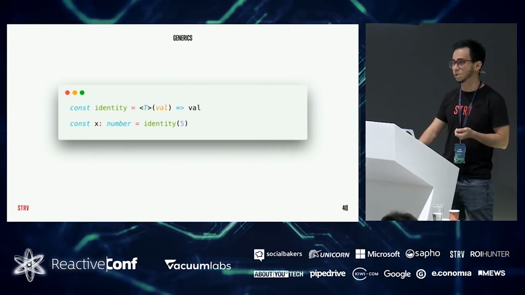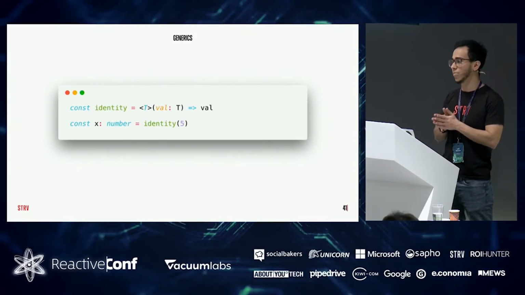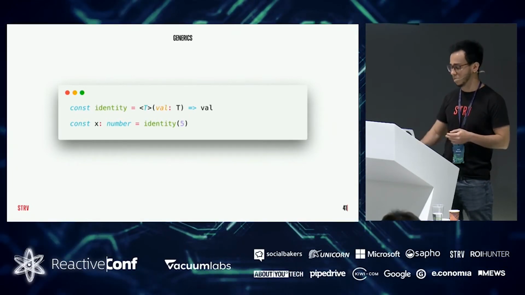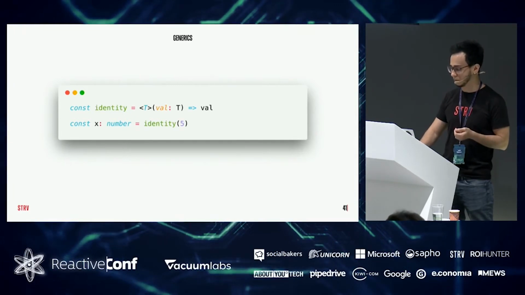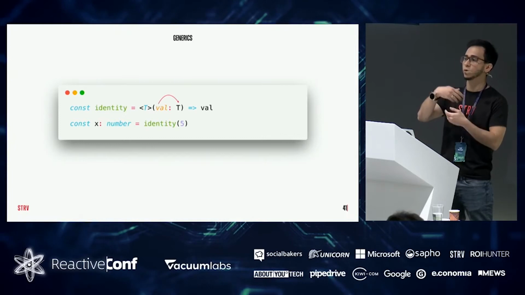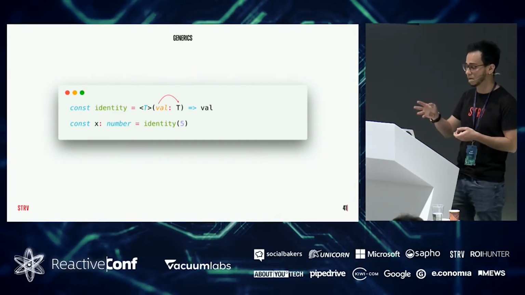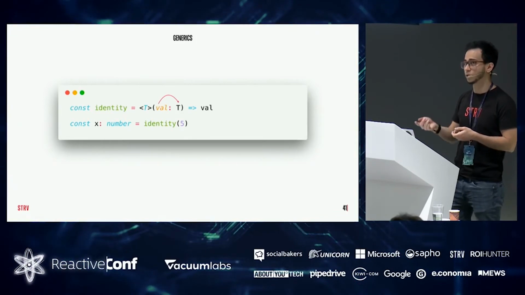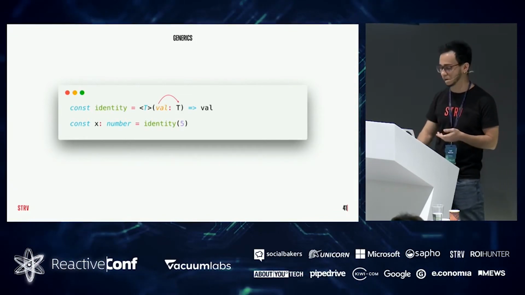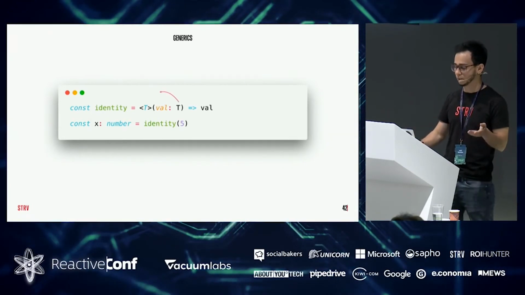Now, we want to get the value. So to get some type value into this T, we're just going to put it here on the input, and the value will flow from whatever we pass when we call this function. It's just at call time. When we call this function, the type will flow to the T, and then eventually it will flow to the left.